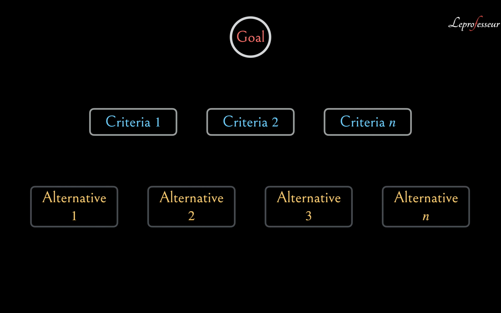Just for an example. So essentially, we have one goal. We want to have a selection or choice. We want to choose one out of n alternatives, given that we have multiple criteria. So that essentially is the multi-criteria decision making: which alternative do we want to choose?